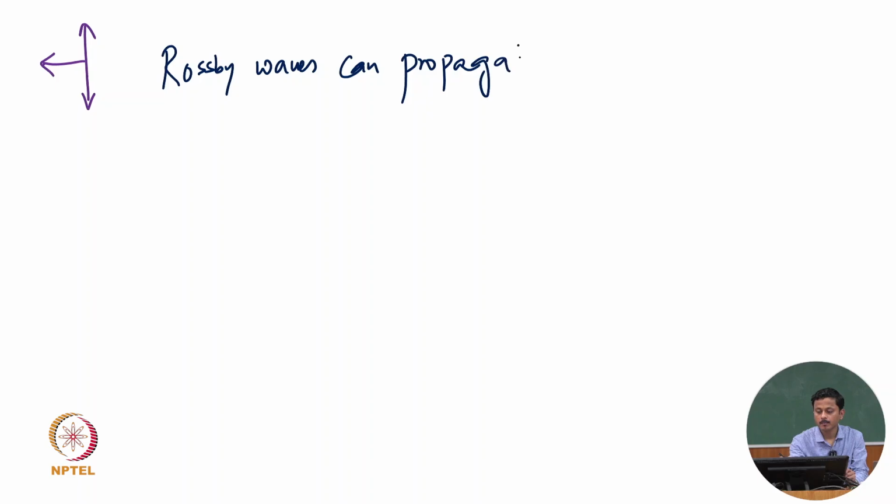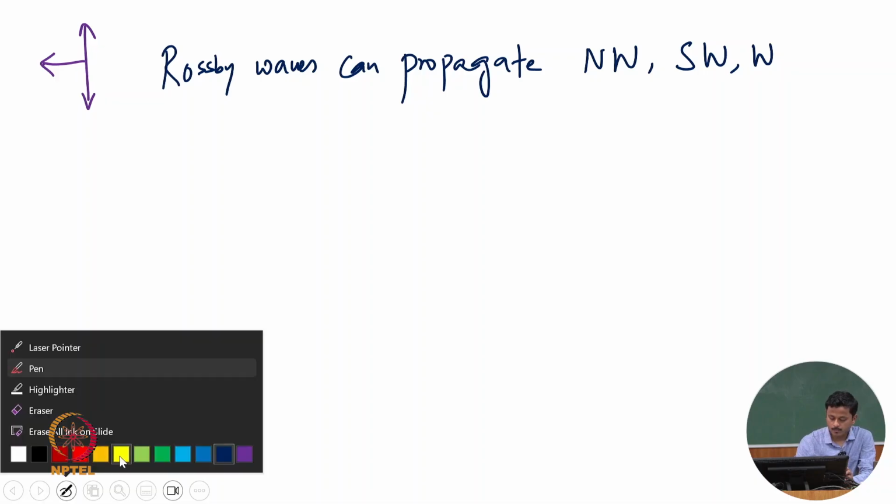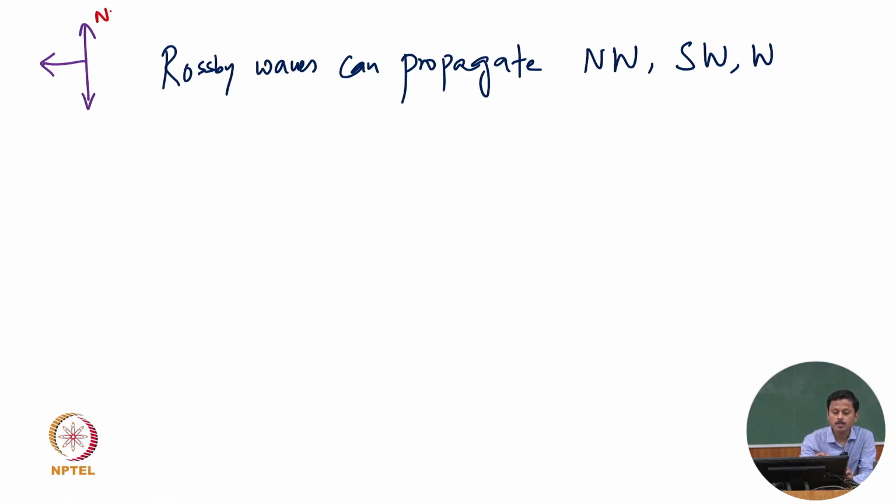Hence the Rossby waves can propagate northwestward, southwestward, and westward, given this choice of coordinate axis that we have.